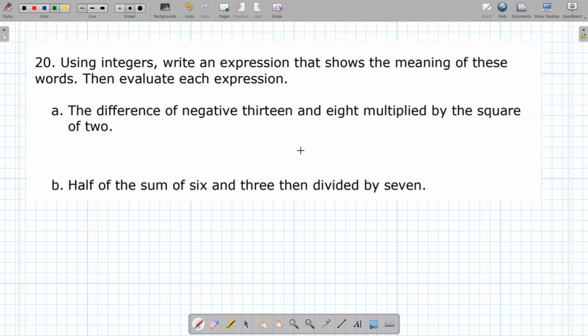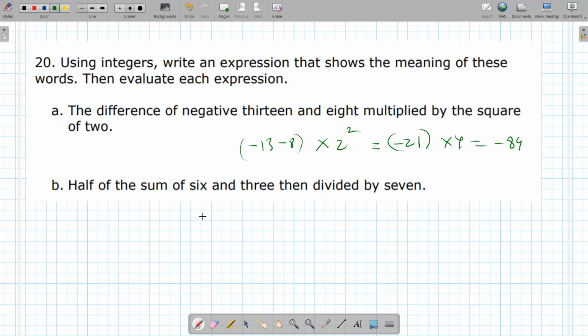So negative 13 minus 8, times 2 squared. So we do this first, the brackets, and then do the exponent. So negative 21. And then we can do the exponent times 4. So the answer is negative 84.